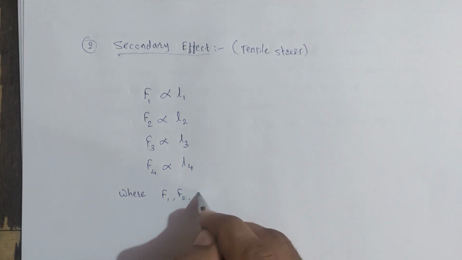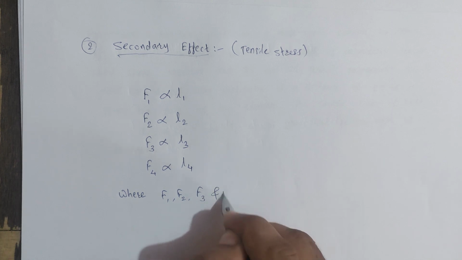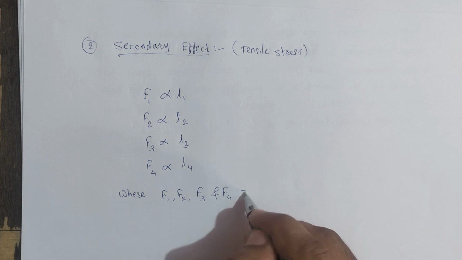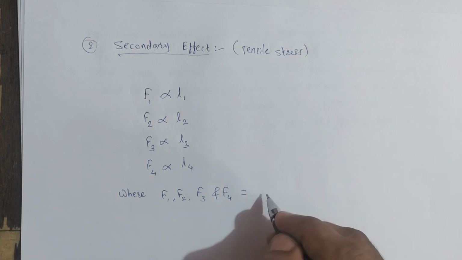where F1, F2, F3 and F4 are the tensile forces in the respective bolts.